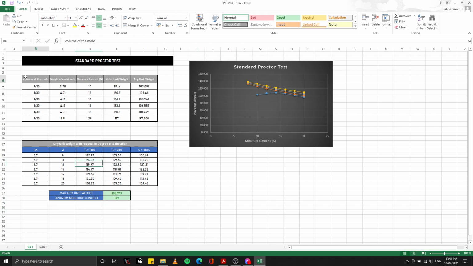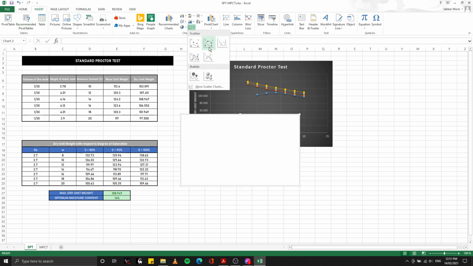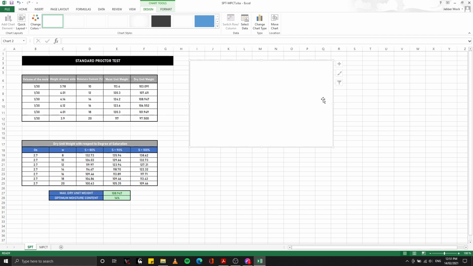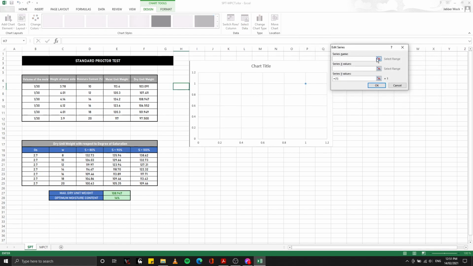Now, time to plot this table. So, again, dito tayo sa insert. Dito tayo sa charts, scatter. Now, for the XY values, ang gagawin na natin is to add series name which would be SPT.